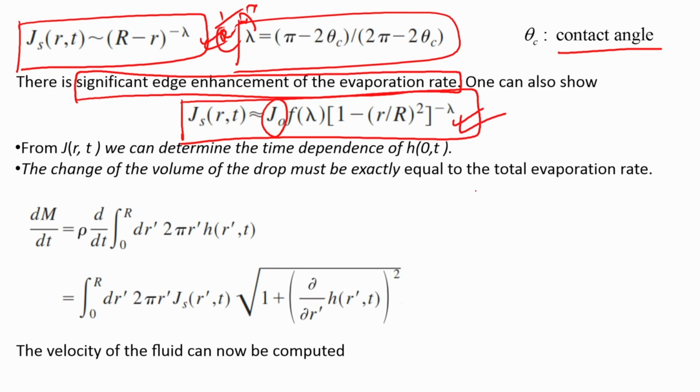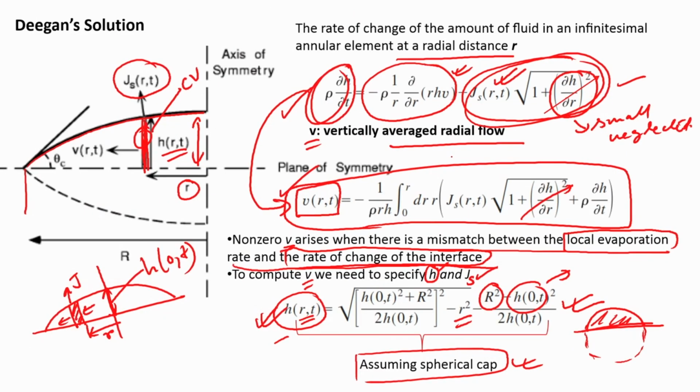There is math, so you can do the algebra if you want, but this is basically the expression that you would have. Now, from J we can determine the time dependence. Now that we know J, given in terms of r and t, this is the local evaporation rate. We can determine the time dependence of h_0(t), the height of the apex, which is right there.